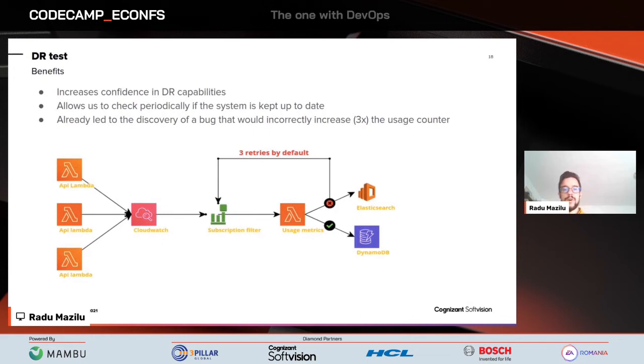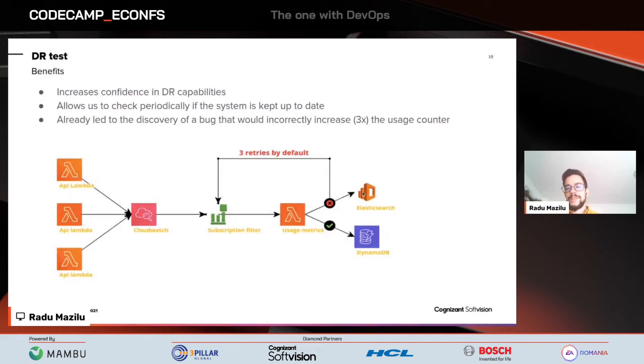It's a service from AWS that scans the logs, and when it sees a log message that matches a pattern, it can trigger another Lambda or do something else, but for us, trigger a Lambda. And we get the usage metrics Lambda that then writes to DynamoDB, increases the counter, and writes the usage event to Elasticsearch. Pretty straightforward, right?